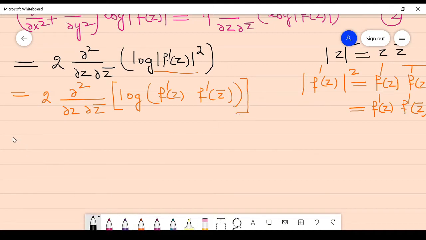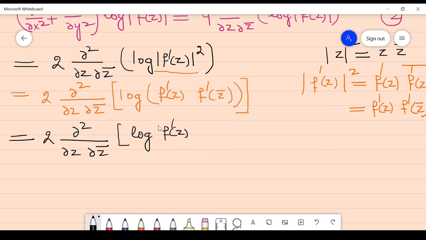Now what is log AB? log AB means log A plus log B. So this is 2 times ∂²/∂z∂z conjugate, which is equal to log of f dash z plus log of f dash z conjugate.